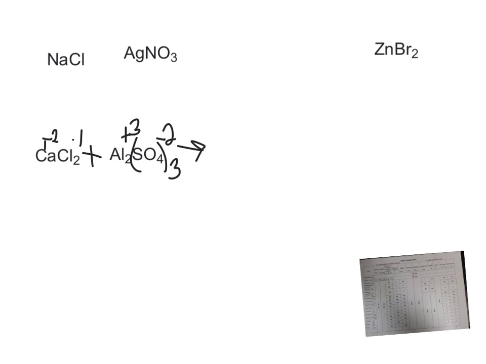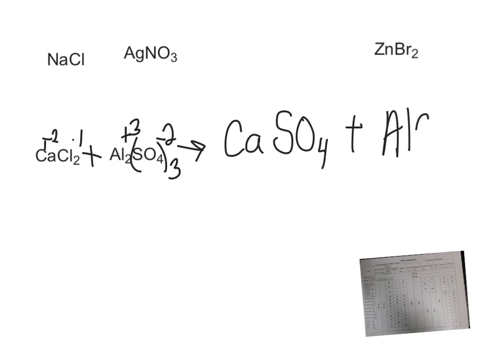So calcium is going to end up with SO4 sulfate, plus 2, minus 2. Don't need to do any subscripts based on our charges because they cancel. Then we're going to end up with aluminum chloride, plus 3 on aluminum, so that's going to drop down to the chlorine, minus 1 from the chlorine. We're going to only end up with 1 aluminum.